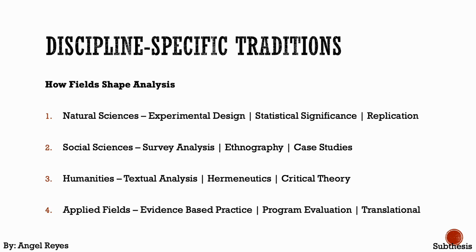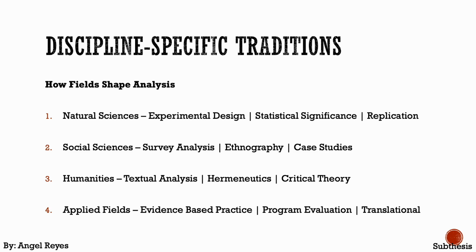Social sciences employ diverse analytical traditions, including survey analysis, ethnography, and case studies. Psychology might emphasize statistical analysis of experimental data, while anthropology favors rich ethnographic description.